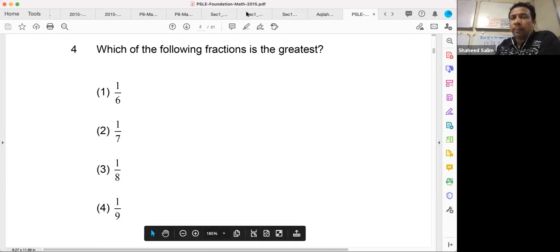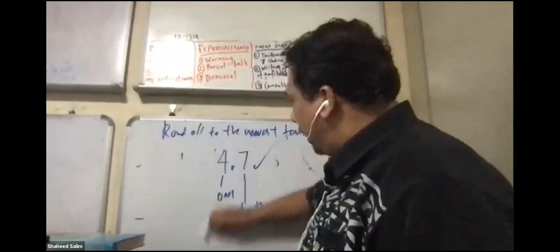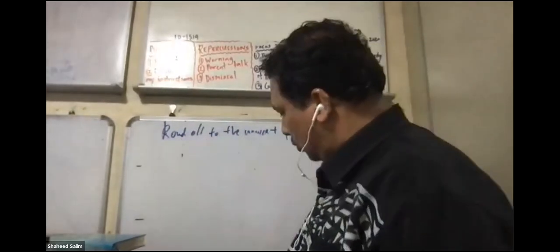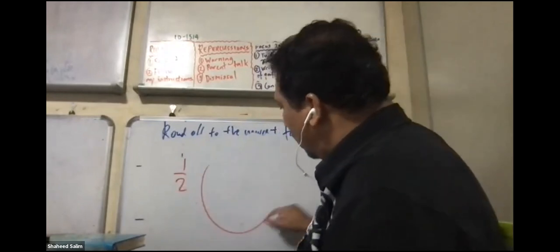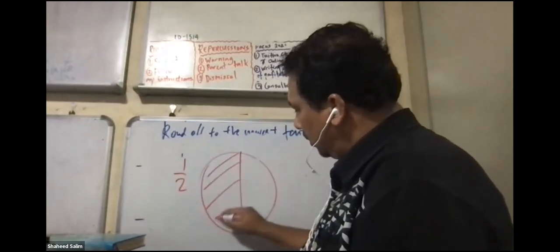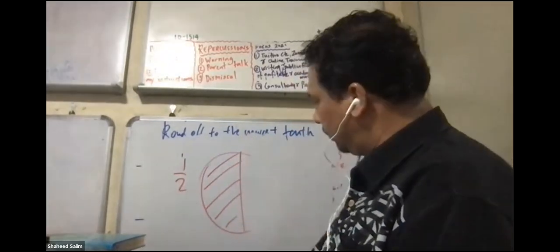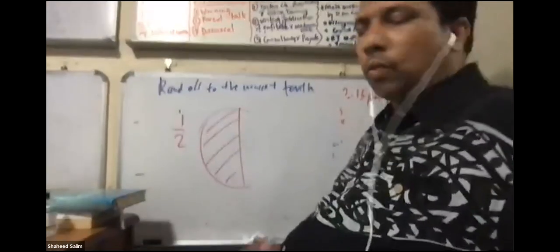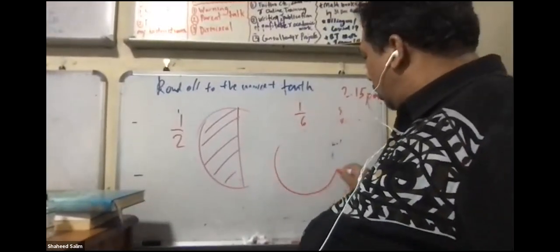So let us look at the pattern. Now remember, if I give you 1/2, 1/2 is half. If I draw a pie, 1/2 is like that. Now, if I give you 1/6, I have to draw the same size.